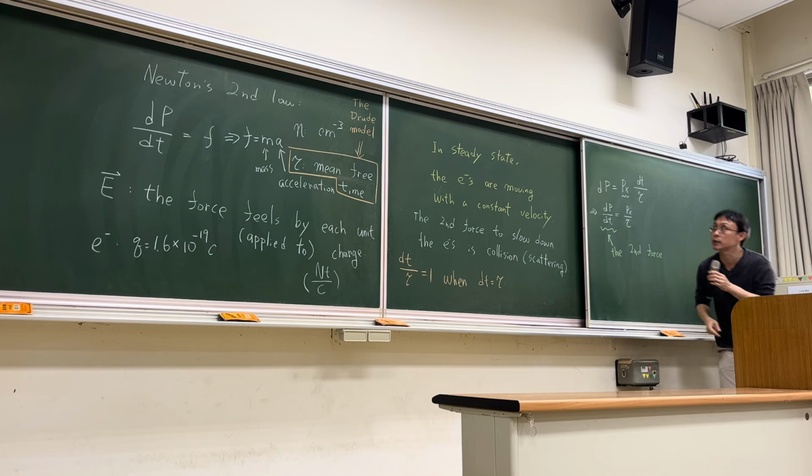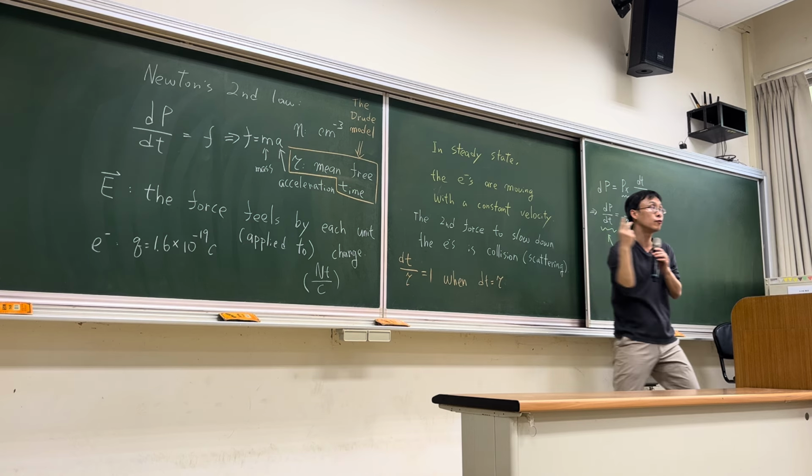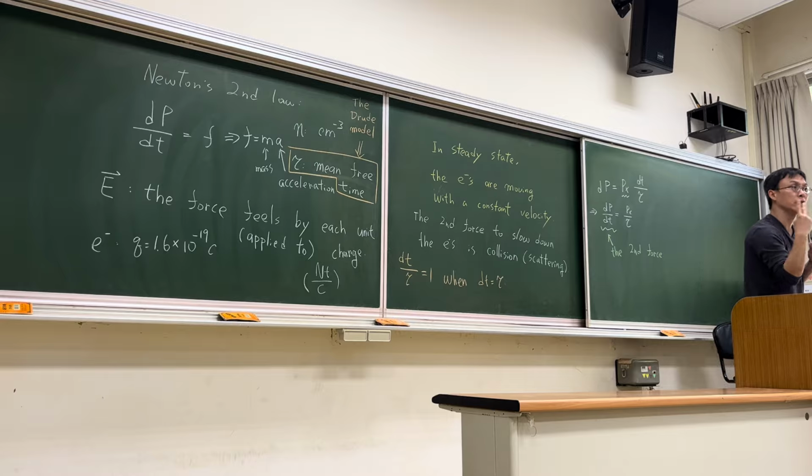Because we know in steady state, these two forces got to be the same in order to make the electron running in a constant velocity, not slowing down, not speeding up, okay, because the two forces are in balance. One is counterbalanced by the other, right?